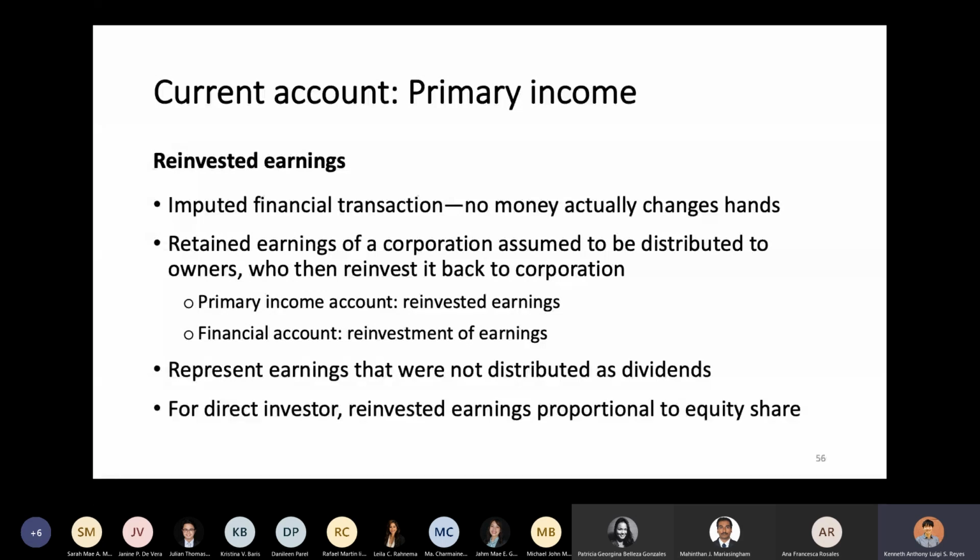Here's a rough formula for how to compute reinvested earnings. It's essentially everything that remains after paying dividends and interest and rent. All of that is reinvested earnings and is assumed to be brought back into the company.